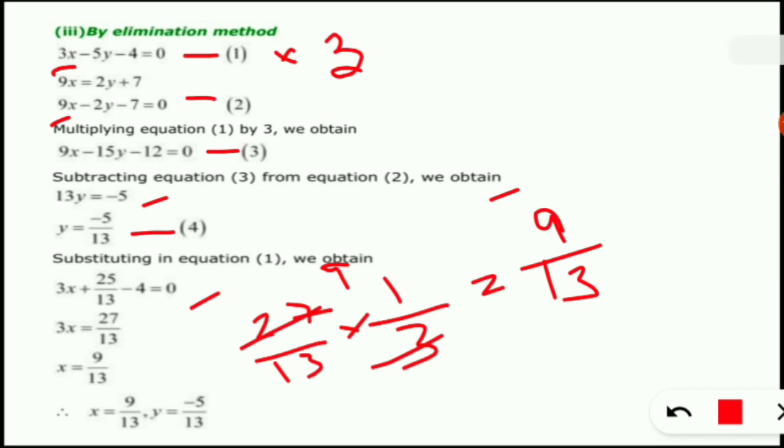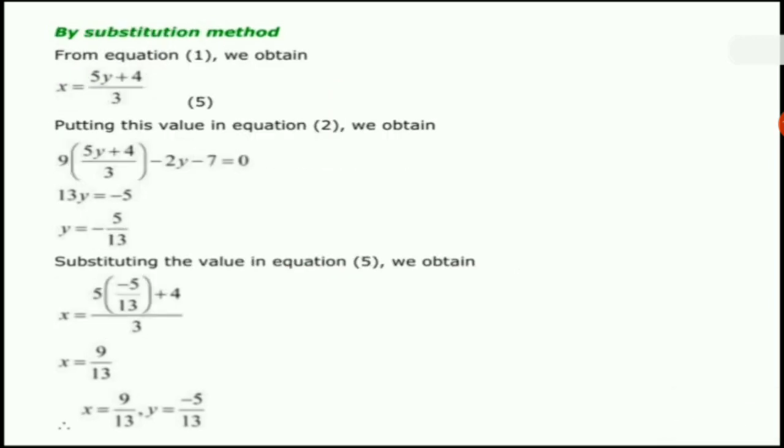Now we solve this problem by the substitution method. From equation 1 we obtain x equals 5y plus 4 divided by 3. This is equation 5. Putting this value in equation 2, we obtain 9 into 5y plus 4 divided by 3 minus 2y minus 7 equals 0.